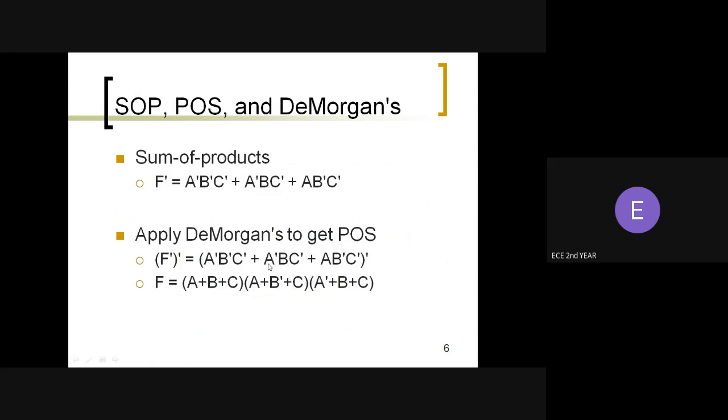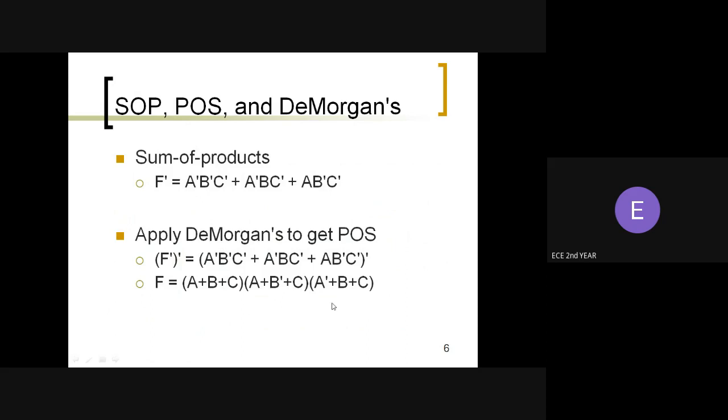Here you see for A bar, A is there, for B, B bar is there, and for C bar it will be C. So it will be A bar plus B bar plus C. Similarly, we can write the inverted form for the third term, which is nothing but A B bar C bar. It will be A bar plus B plus C. Okay, so this is how to convert the SOP to POS.